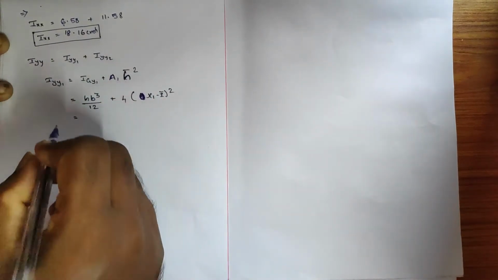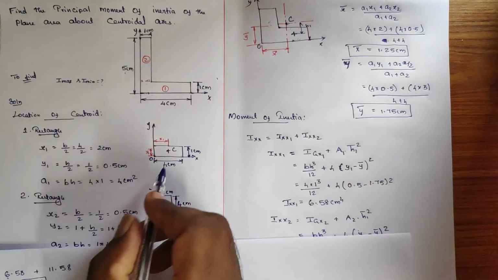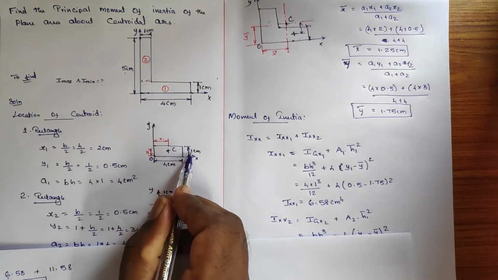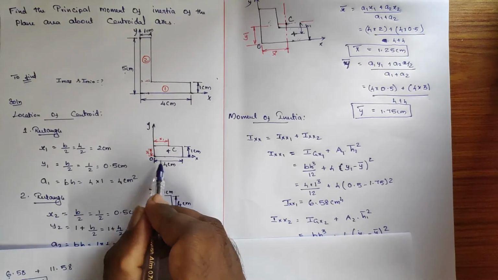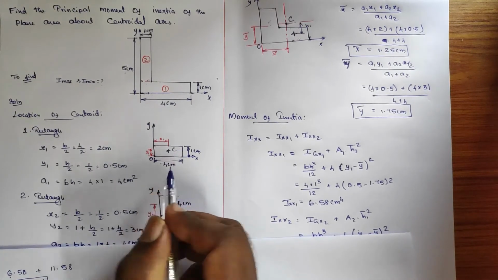So do the simplification. Here H is 4 and B is 1, the breadth.